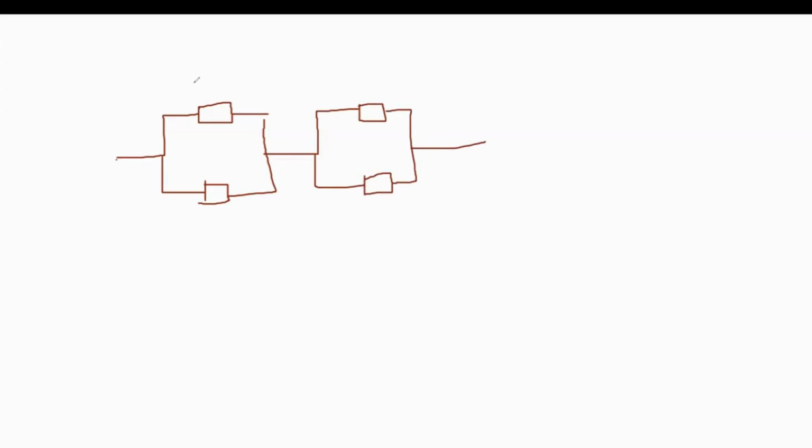I'll name them R1, R2, R3, R4. R1 and R2, and R3 and R4 are each in parallel. Very good. So R1, R2 are in parallel, R3, R4 are in parallel. Okay, next.